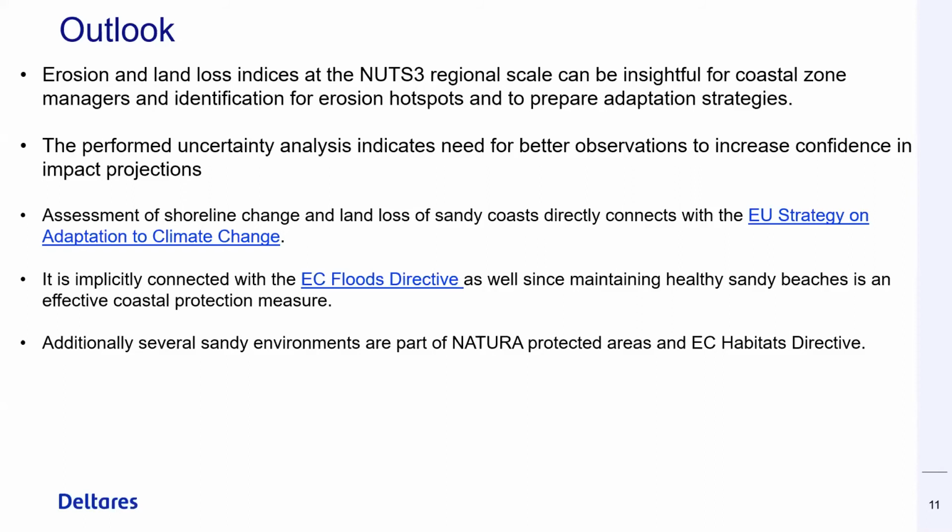Sandy beach loss can really show areas that are going to be more vulnerable to coastal flooding. And furthermore, a lot of sandy beaches are in nature protected areas, either with respect to the Natura EU database or the Habitats Directive.